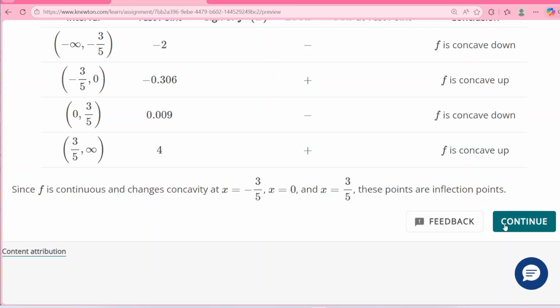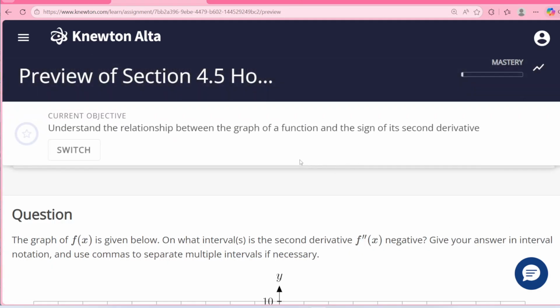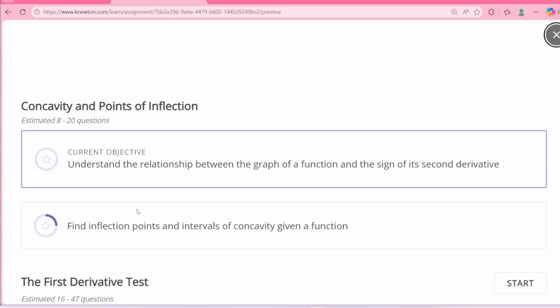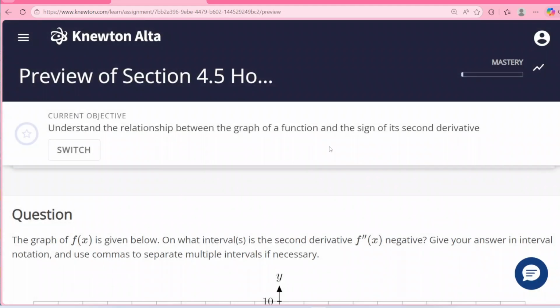All right, so moving on. They switched up. Again, there's only the two objectives in the heading I'm working on, right? So they switched us to this other one, understand the relationship between the graph of a function and the sign of its second derivative. And I've said that already, right?